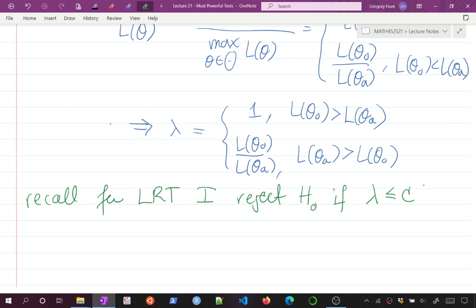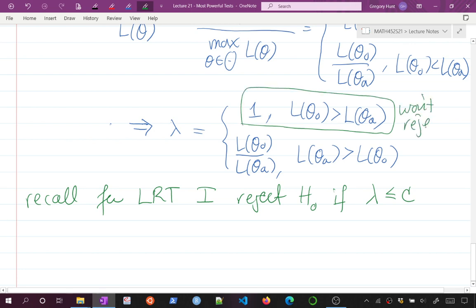So for the LRT, I'm going to reject if lambda is less than or equal to some c. So when my c is between 0 and 1, I'm never going to reject in this case, because my lambda is just 1.